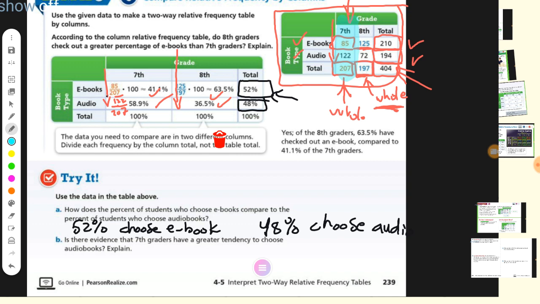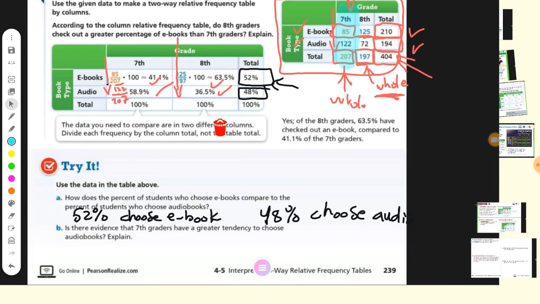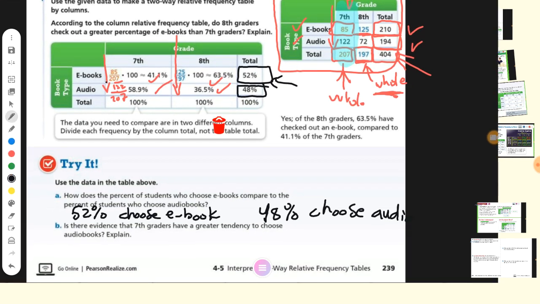Okay, so is there evidence that 7th grade has a greater tendency to choose the audiobook? So we are talking about the audiobook. Let's calculate how much they like the audiobook. 122 students of grade 7 like the audiobook.